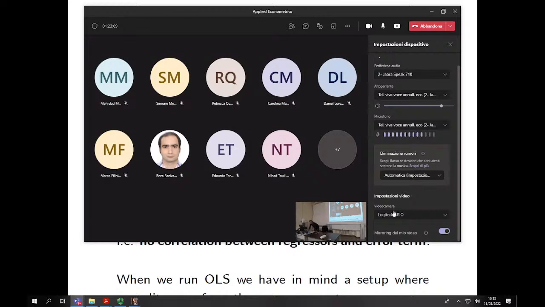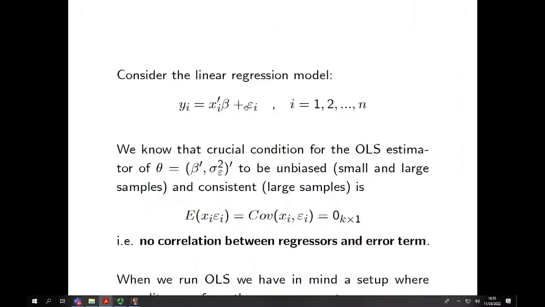But anyway, this is the model. It is our linear regression model, and I'm using the index t, and we know the crucial condition when we push the button OLS. In this model, we estimate typically the slope parameters beta and sigma square epsilon, because I have in mind the classic linear regression model.